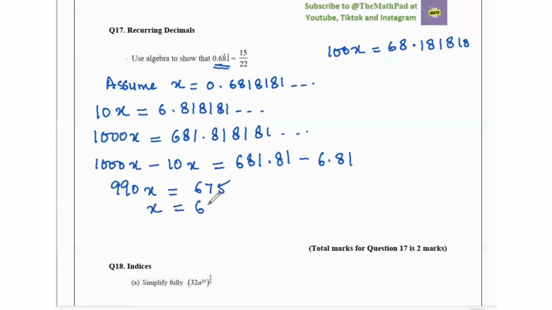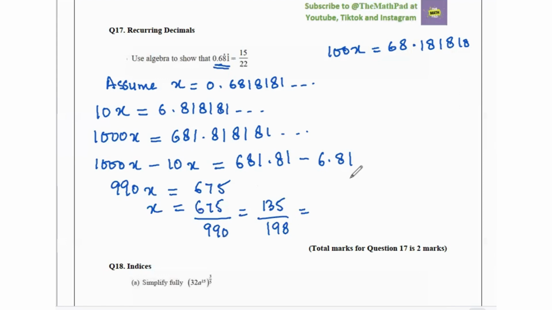So now 675 divided by 990. We simplify this. 675 divided by 5 would be 135. 990 divided by 5 would be 198. I think both come in the 3 times table, yeah.